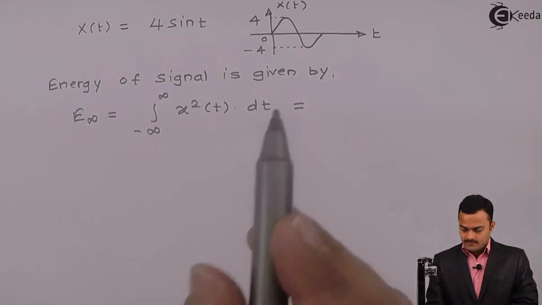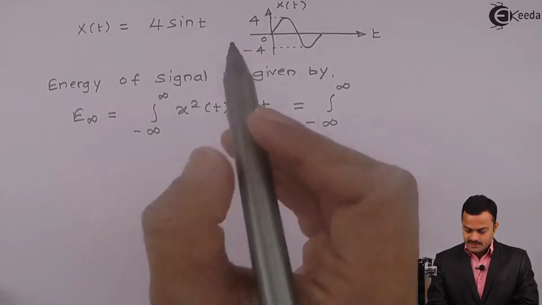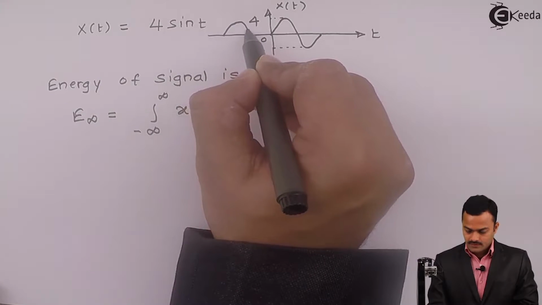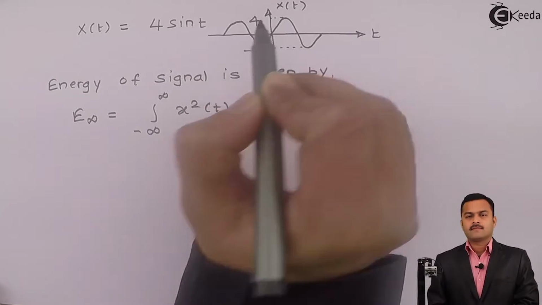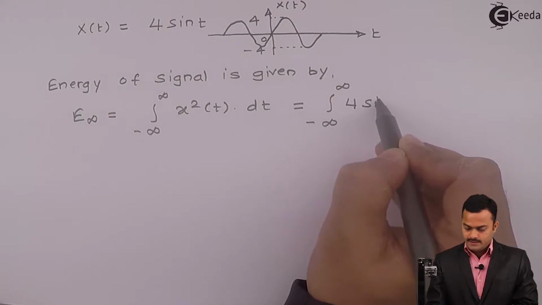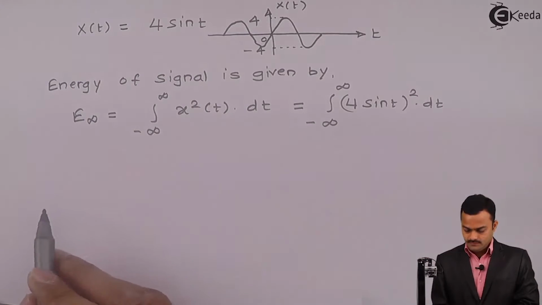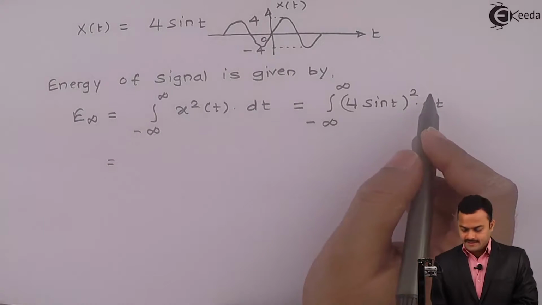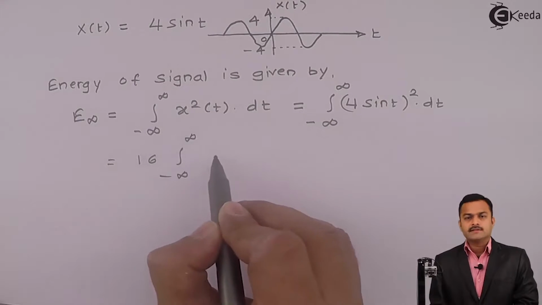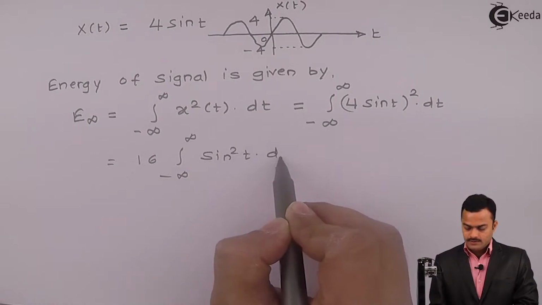Hence, we cannot change the limit, meaning this x of t exists even in the negative part of t. So it is 4 sin t square dt. 4 square is 16, which can come out of the integral. So in the integral it is sin square t dt.